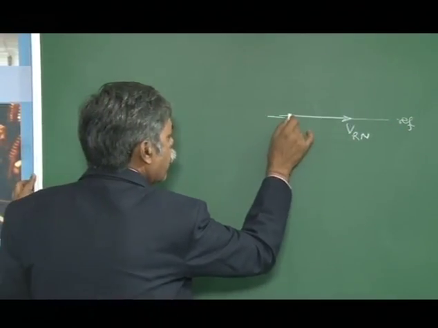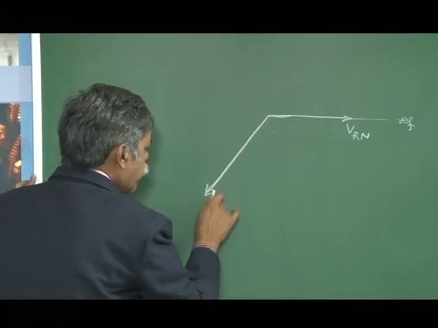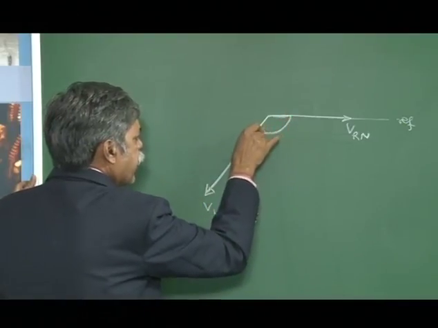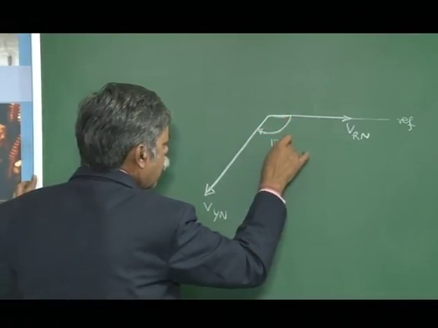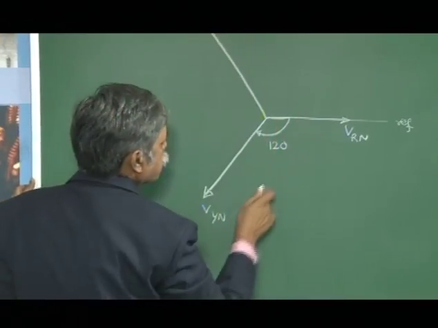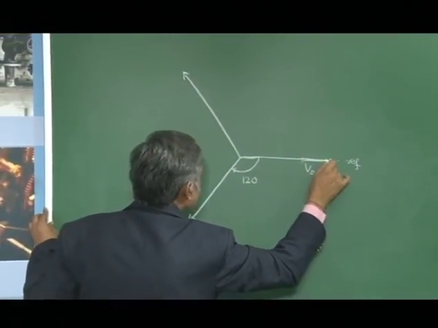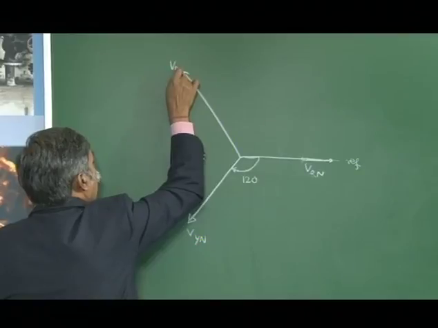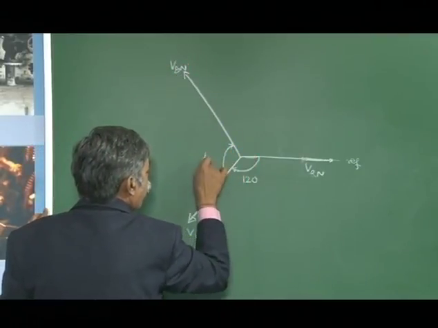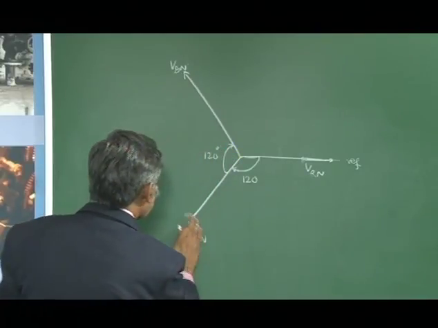Then followed by the voltage vector VYN at a phase difference of 120 degrees, and the third voltage will be VBN, at an angle of 120 degrees with respect to VYN.